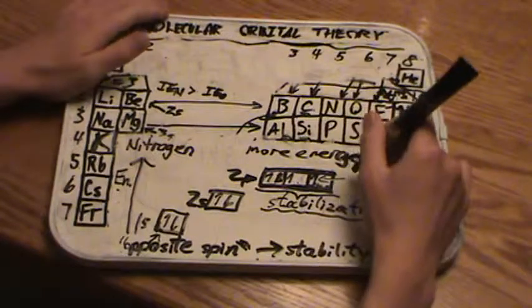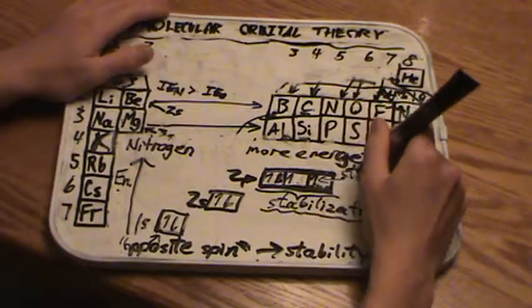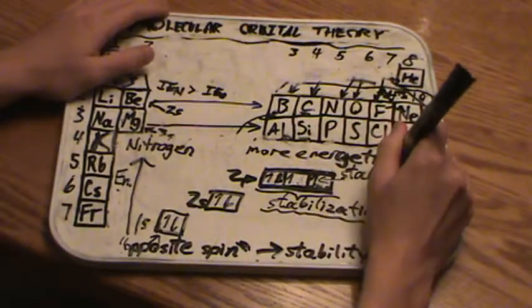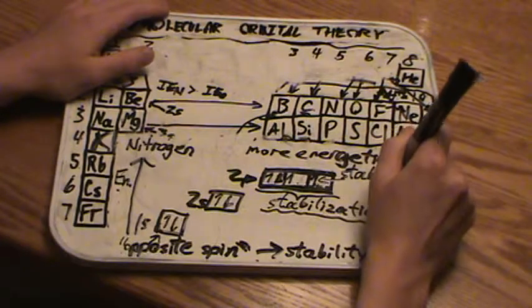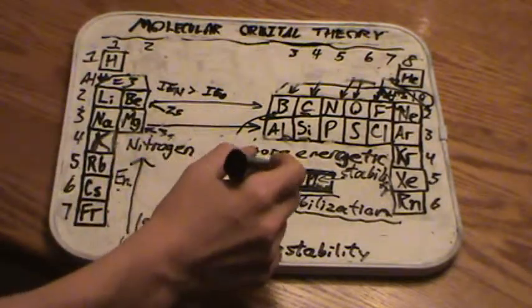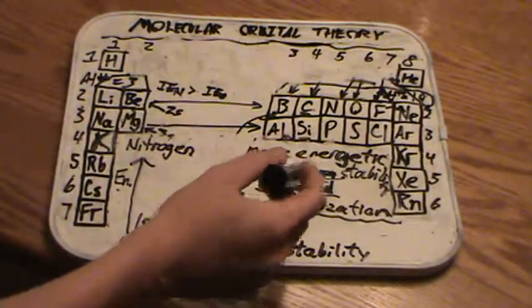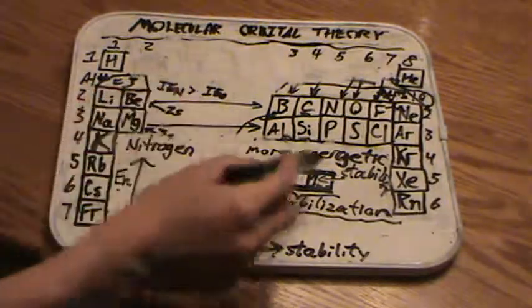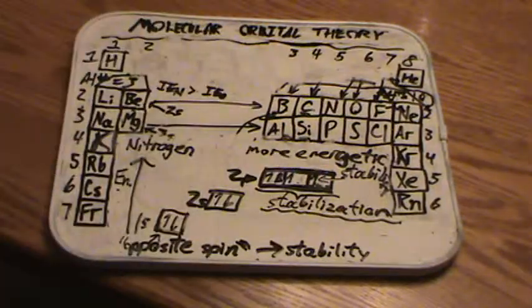Okay, more energetic stability. So that is why the ionization energy of nitrogen is greater than the ionization energy of oxygen, because when you are removing the oxygen electron, you are removing it from here, and that takes less energy than removing it from there, which is the nitrogen one.